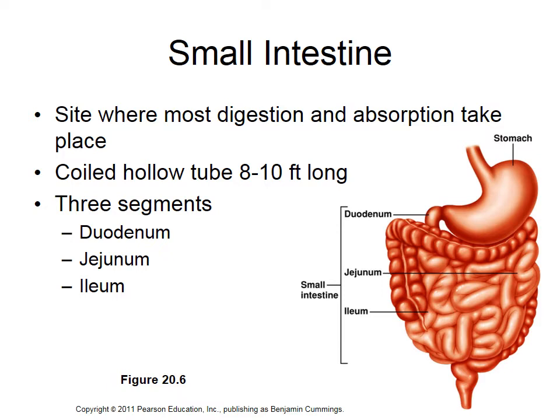It's just a big coiled mass right here. The ileum enters into the large intestine. Your small intestine is the site of digestion of all 3 major macronutrients: carbohydrates, proteins, and fat, as well as the absorption of all 3 macronutrients.